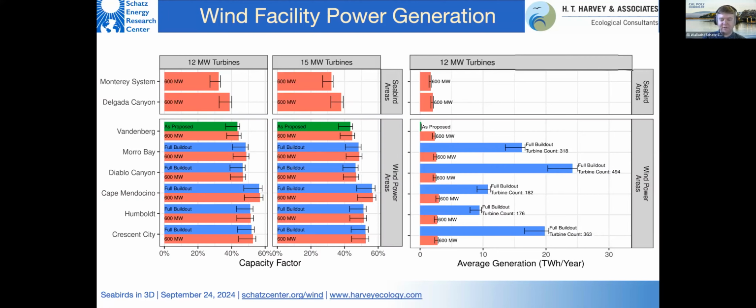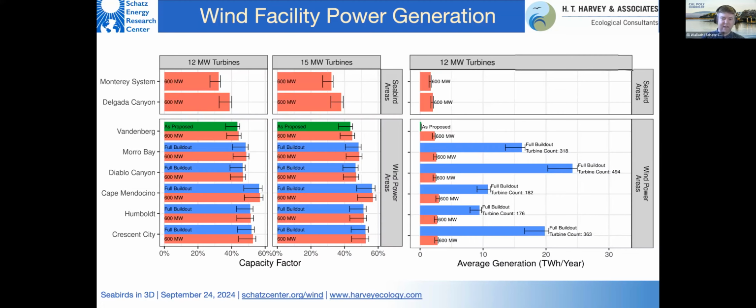This capacity factor reports the percentage of the maximum technically feasible generation that can be achieved by these turbines. If there were always strong winds and turbines never needed service, they would have a capacity factor of 100%. In reality, these winds are not always available. So for reference, land-based wind power facilities achieve about 36% capacity factor on average.